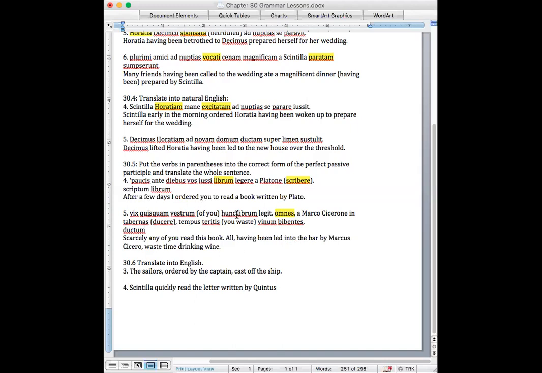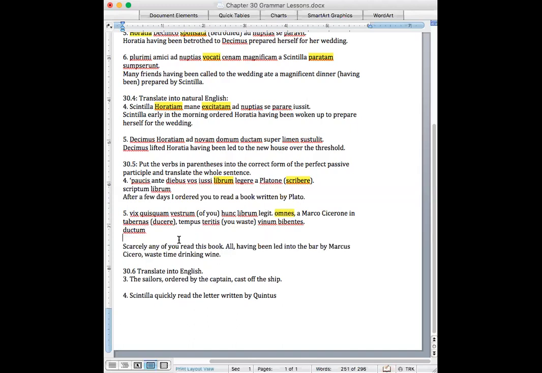So ducatum is going to agree with omne. So what do we need to make it in order to agree? So omnes is going to be nominative and plural. And it's a group of boys, so it's going to be masculine.